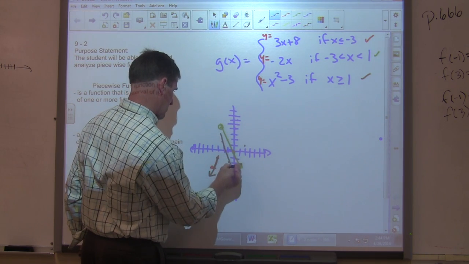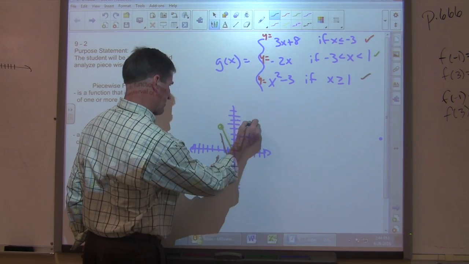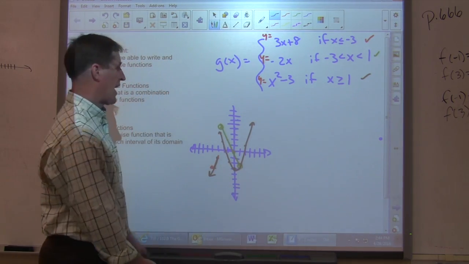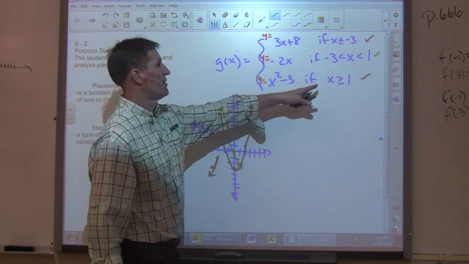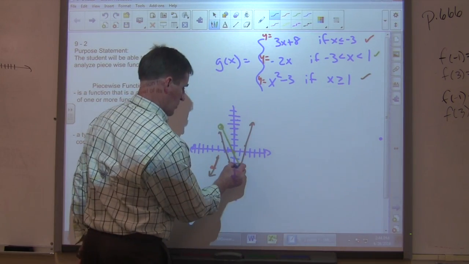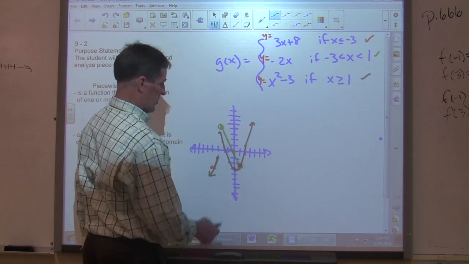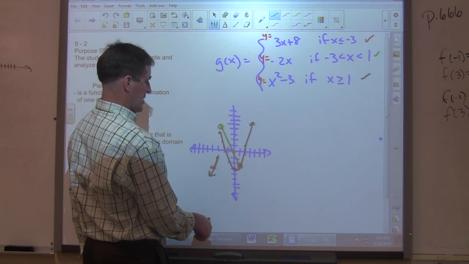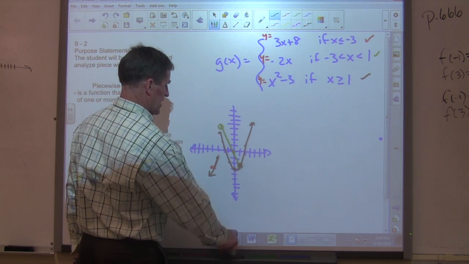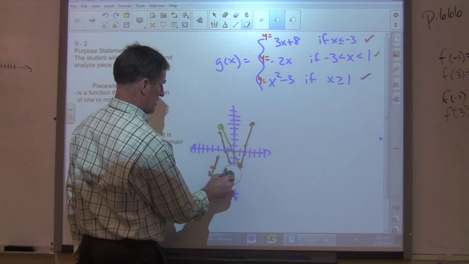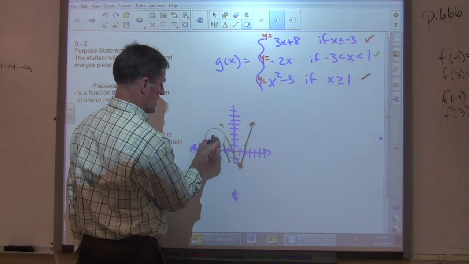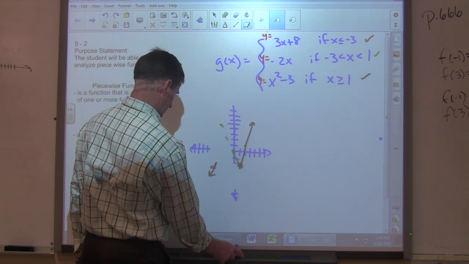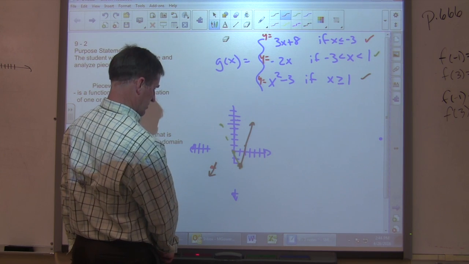And so it would look something like this. But again, I only want it starting at 1, which puts it here. That'd be a closed circle. So it kind of filled in that circle that was there. And I wouldn't need this part outside of that.